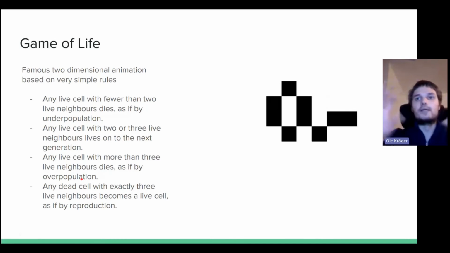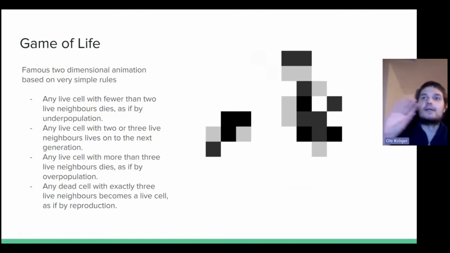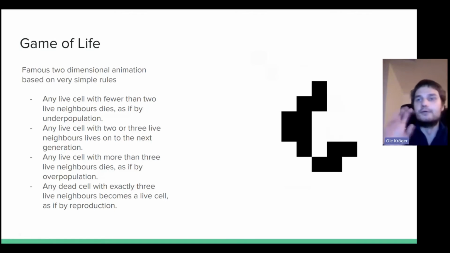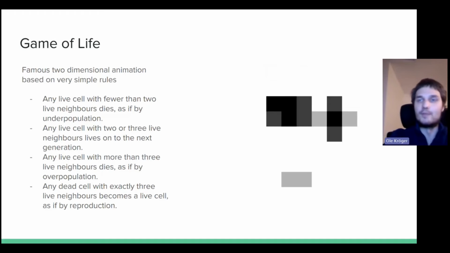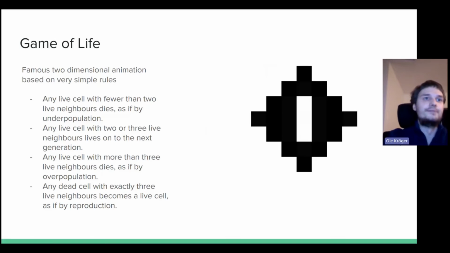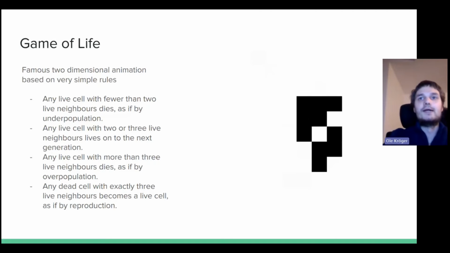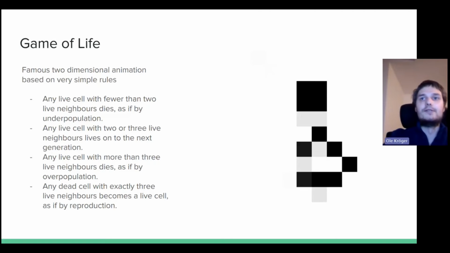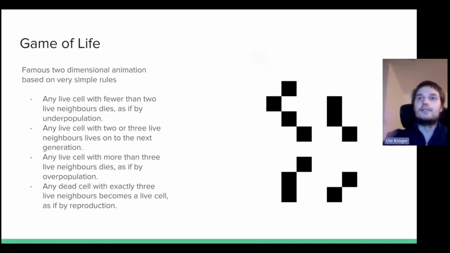You always look at a 3x3 grid, and depending on how many neighbors are dead or alive, your own state changes. So either there are too many members around you, so you die of overpopulation, or there is reproduction, underpopulation, things like that. And then you start here with a random configuration at the beginning and just see how it develops.